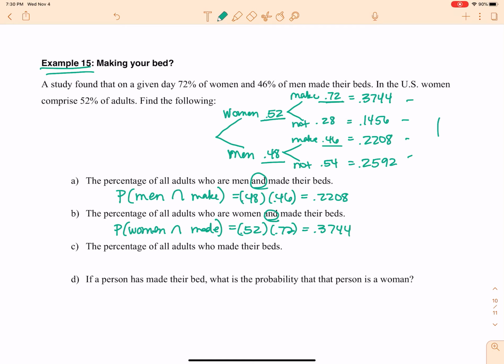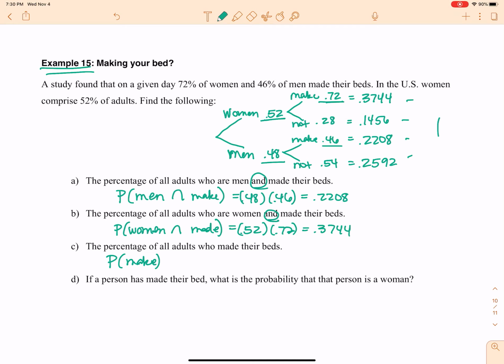Part C, the percentage of all adults who make their bed. Okay, so now I'm looking at the percentage of all adults who make their beds. That means the probability they're a male and make their bed, and the probability they're a female and make their bed.